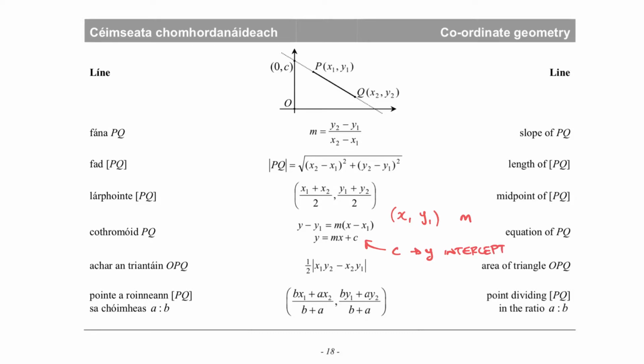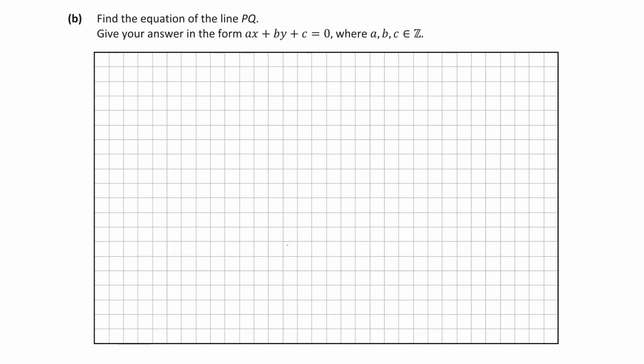Because we have a coordinate and we have a slope, we can use the first one. So if we go back into our question, we can write down the equation of the line. It's going to be y minus y1 is equal to m times x minus x1.